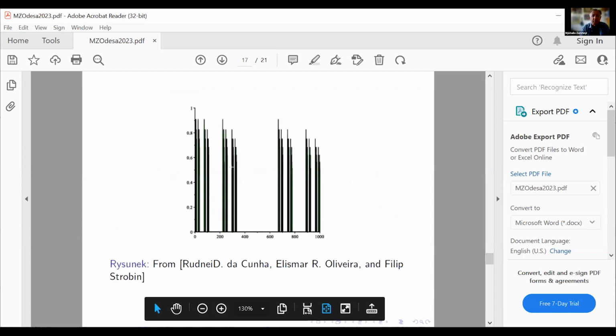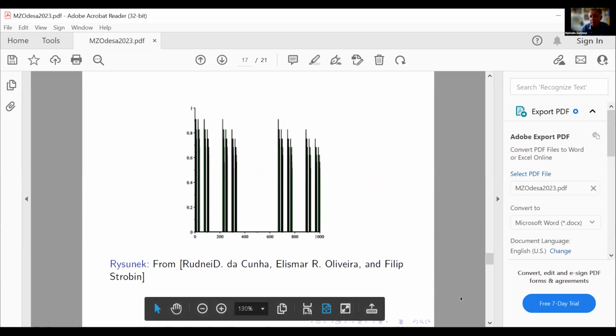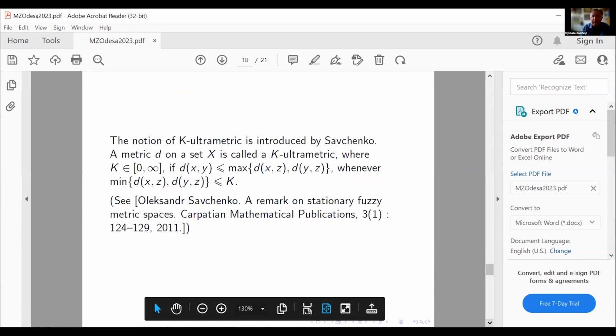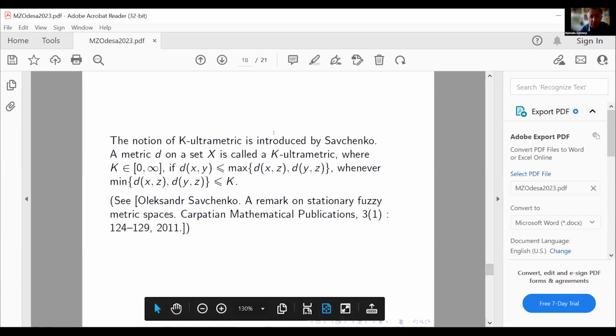The picture is taken from the paper of the mentioned authors. This is a picture for an invariant ultrametric on a Cantor set, which can be endowed with a natural ultrametric.